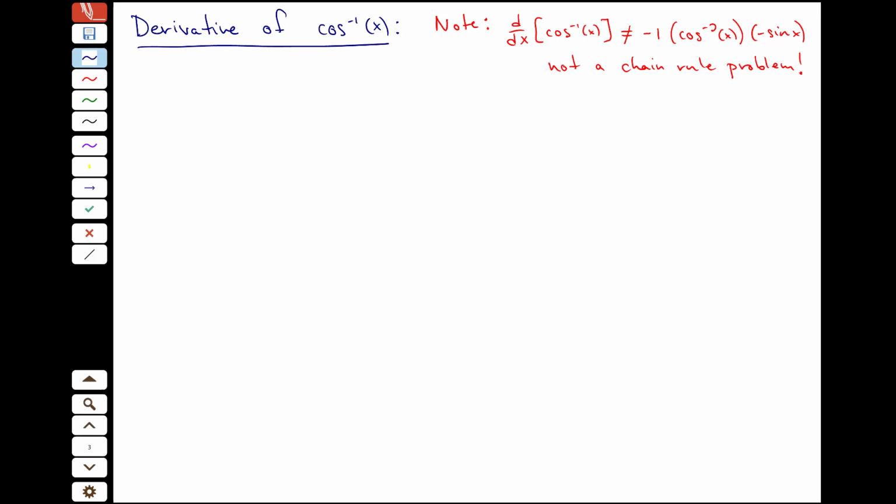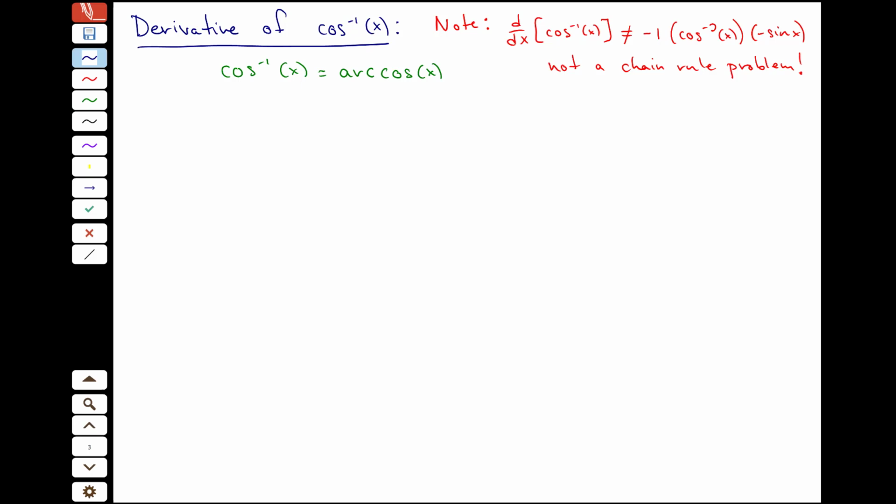Remember, arc cosine is an inverse function. A better notation for remembering this is actually writing out arc cosine rather than writing this as the exponent minus 1. So just to remember that this is an inverse function, that minus 1 does not mean that we have an exponent of negative 1.